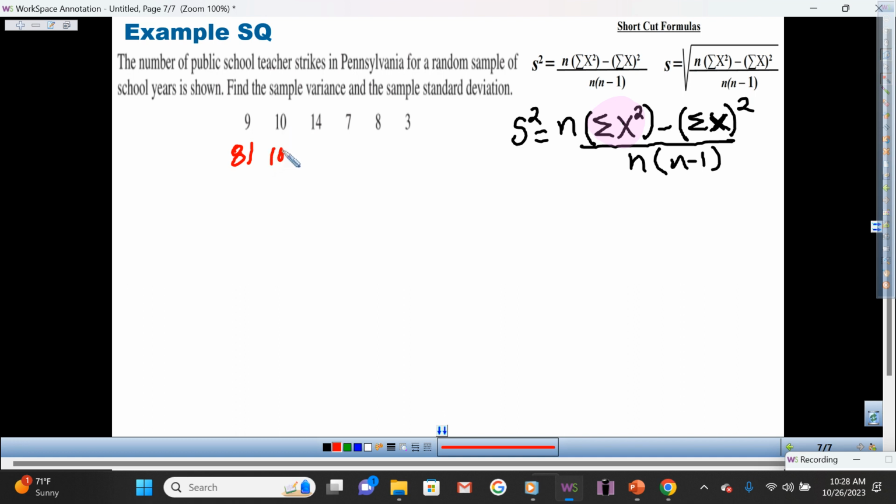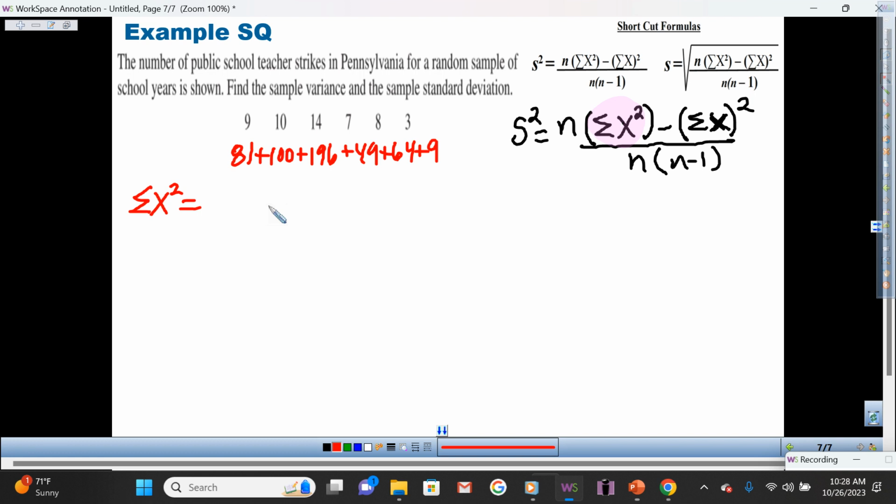10 squared? 14 squared? 7 squared, 64, and 9. So now that we have all the data squared, what does the sigma mean? That we need to do what? Add them all. So then I want you to write over here the sum of all the data squared. So add, add, add, add, and add.